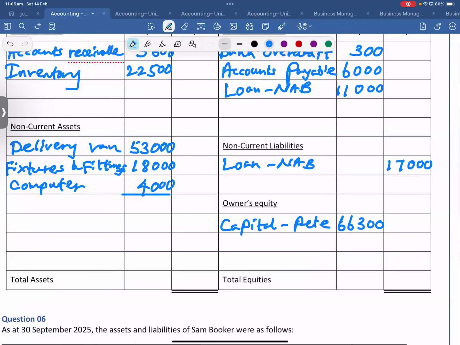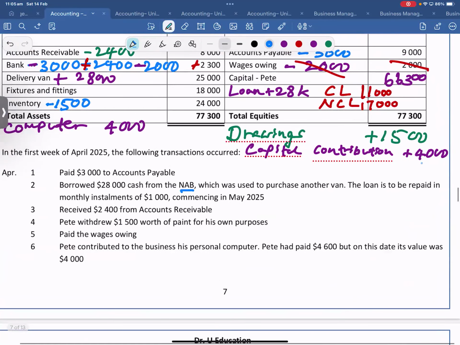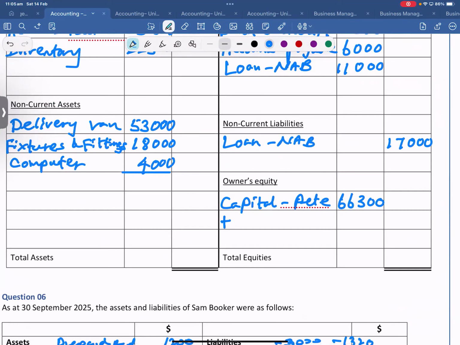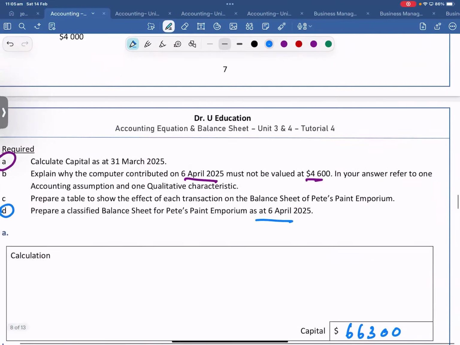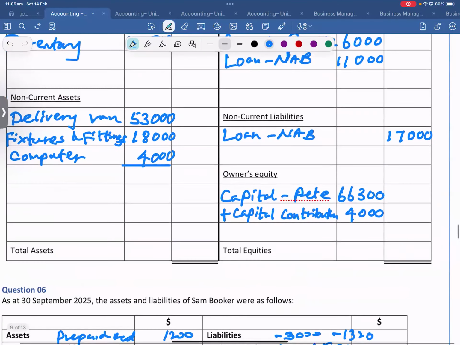Then you are adding this capital contribution of 4,000, plus sign. Capital contribution 4,000, and then we have drawings 1,500. So this is how you write the minus sign.